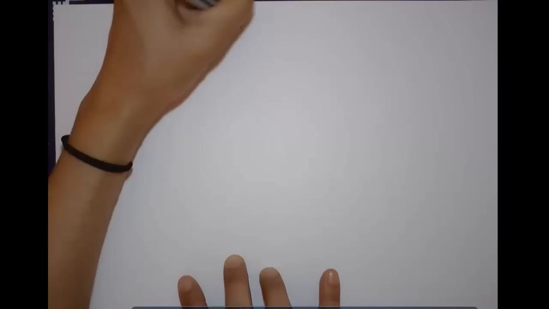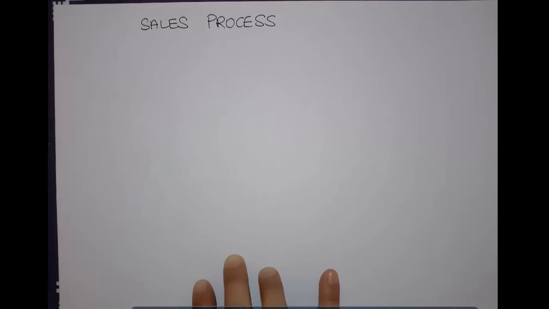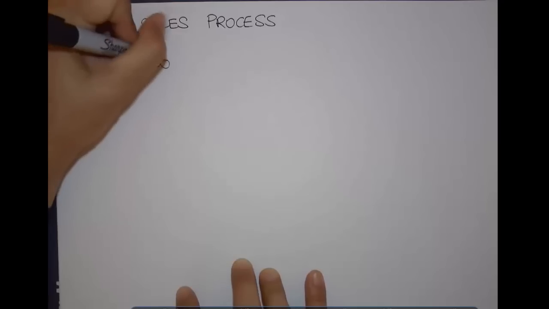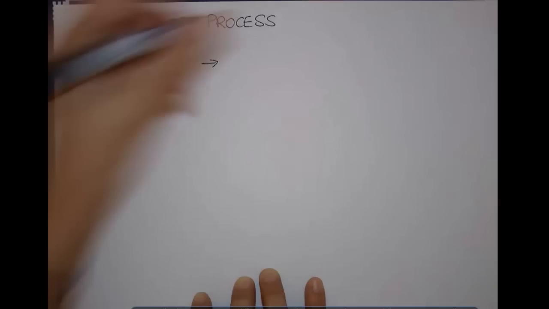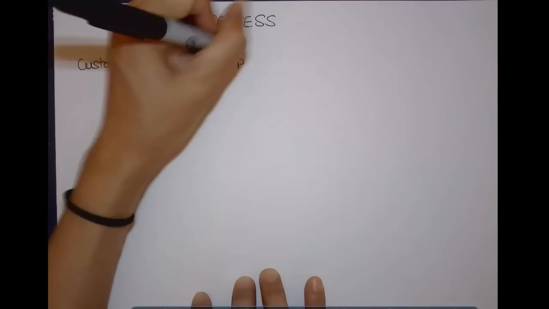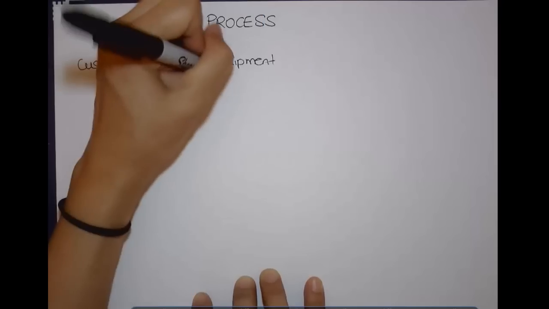Okay, so let's start with a sales procedure. In the sales process, we know that there is typically some sort of customer order, which leads to shipment of goods to the customer.